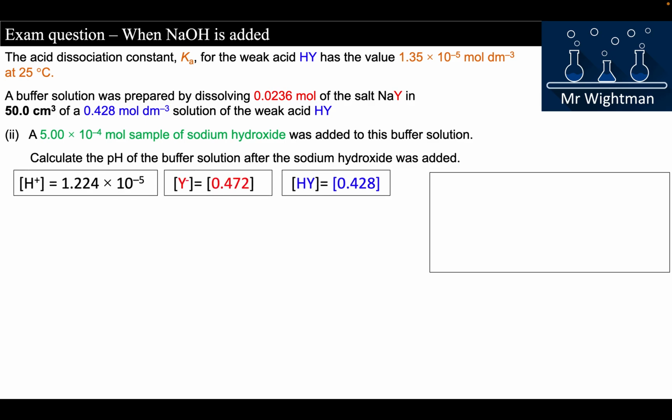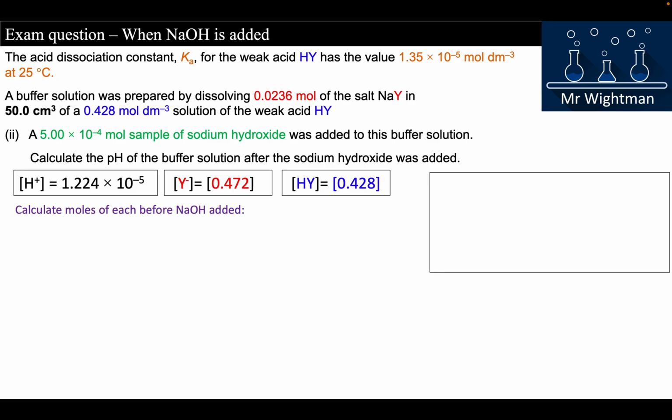So let's just go through. From the previous question and also from the information provided, the H+ concentration was 1.224 times 10 to the minus 5. The Y minus concentration was 0.472 because that's the 0.0236 moles of my salt in 50. So that was the concentration of Y minus, and my HY, my weak acid, was 0.428, and that was provided from the question.